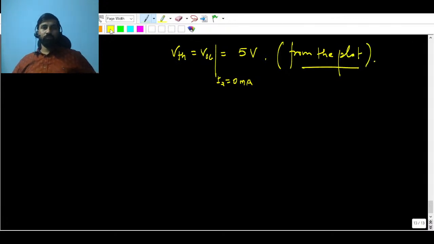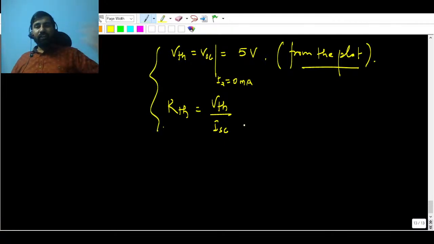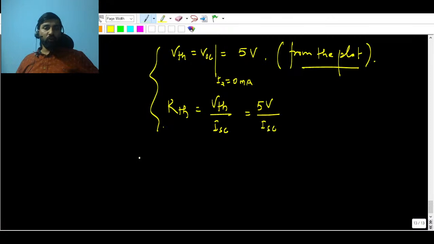Now you have to find RTH. There are various methods to find RTH, but one of the easiest is that RTH is basically VTH upon ISC. Since you have already calculated VTH, now you have to find ISC, the short circuit current.